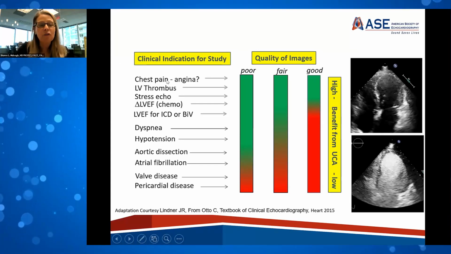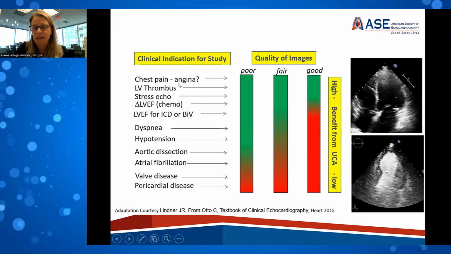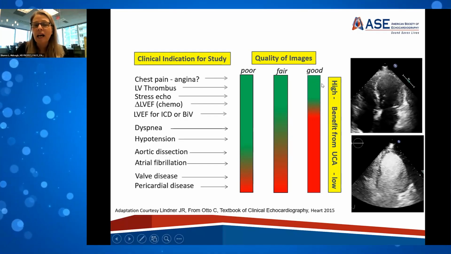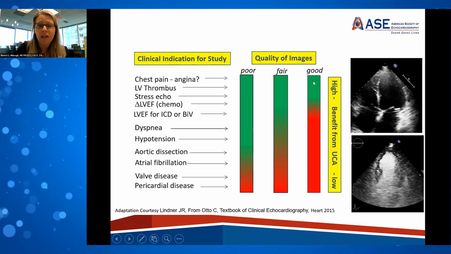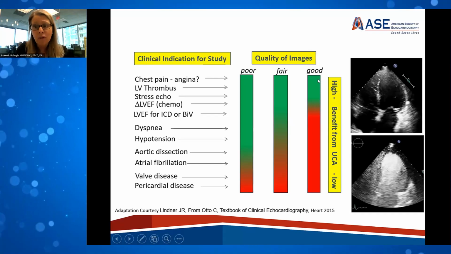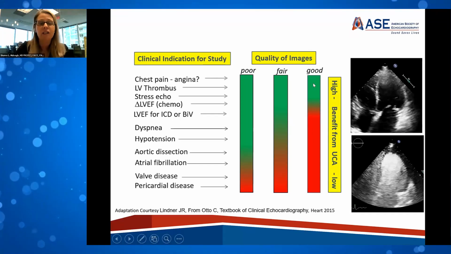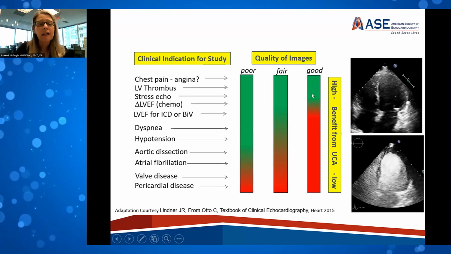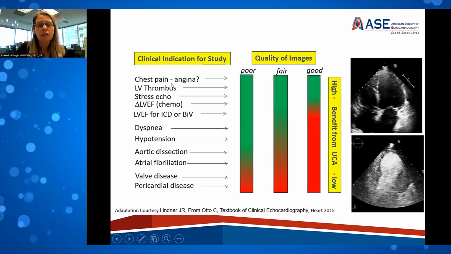So if you have a patient with chest pain and angina, as Jordi was going over from Dr. Kevin Wei's information from the ER studies that he did, even if you have a good definition of the endocardium, you may want to have that perfusion information on top, right? So you may consider using contrast in that situation. Similarly, to be confident to rule out a left ventricular thrombus, to be confident to rule out left ventricular apical hypertrophy, these are the sorts of things that we think of.